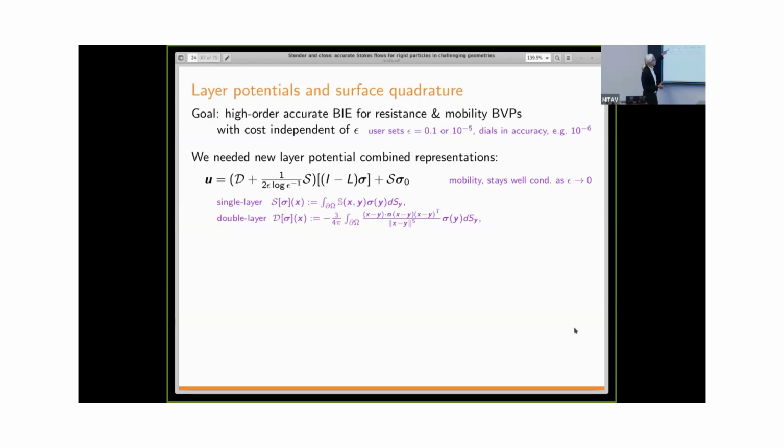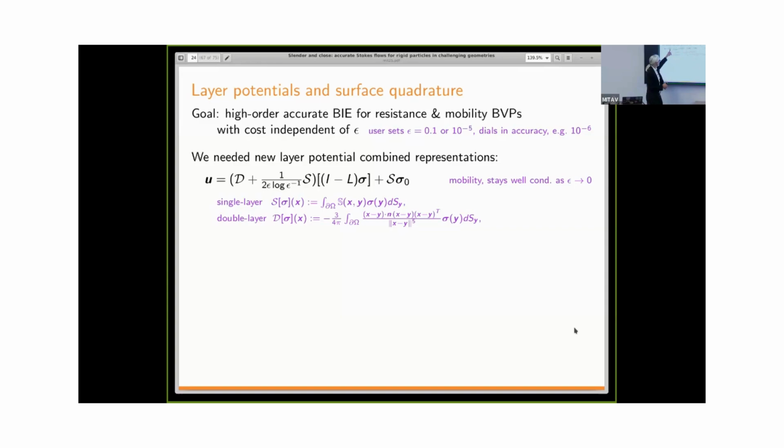We had to invent new layer potential representations. So what does this mean? S is now called a single layer operator. It's basically a continuous distribution of these Stokeslet sources on the true surface. D is something called a double layer, which is a continuous distribution of kind of derivatives of those point sources, essentially.